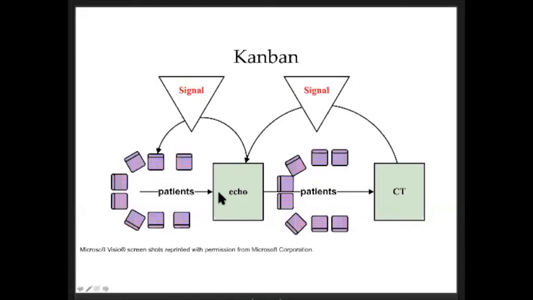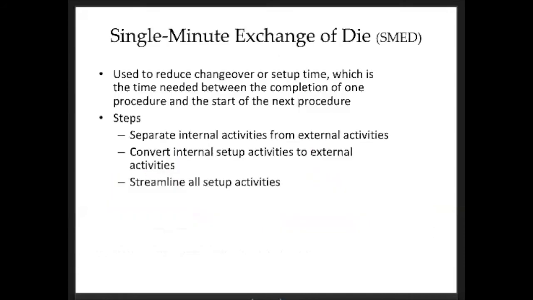So CT scan is the customer process, and echo is its internal supplier. The signaling is either electronic or in some other format. It could even be cards used to make those signals flow between these stations. So those are examples of Kanban concepts in action within healthcare, including the two-bin inventory system that we saw.